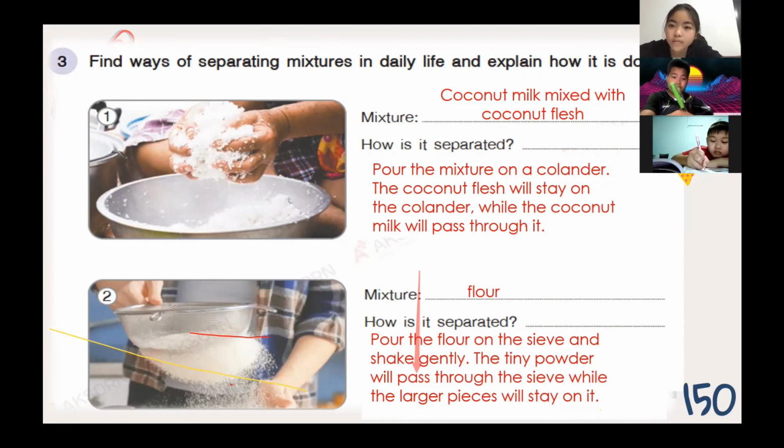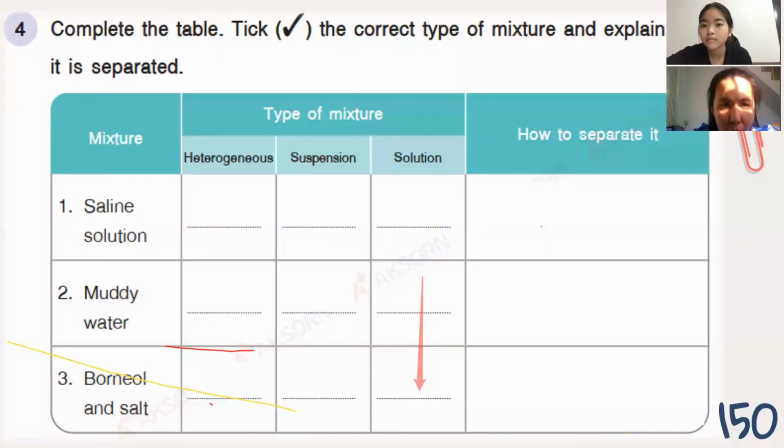Okay, I repeat. Saline solution. Is it heterogeneous, suspension, or solution? Solution. From the word itself, it is solution. By the way, heterogeneous are mixtures of solids and liquids, or both solids.